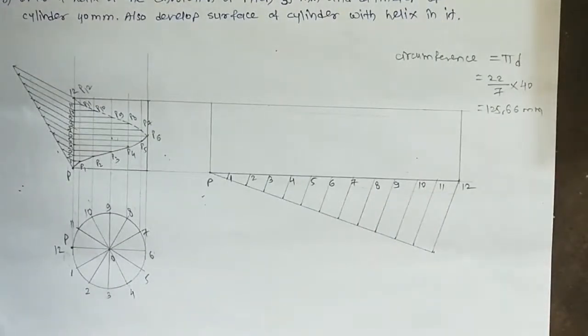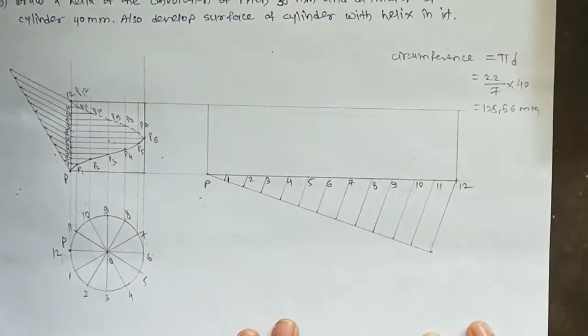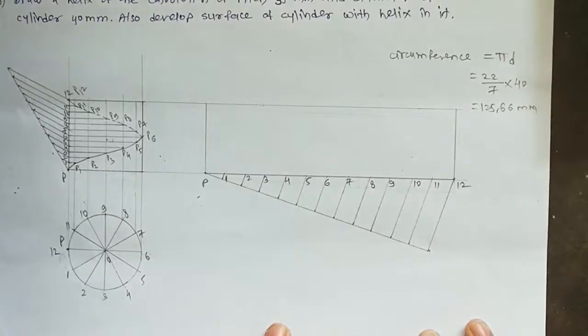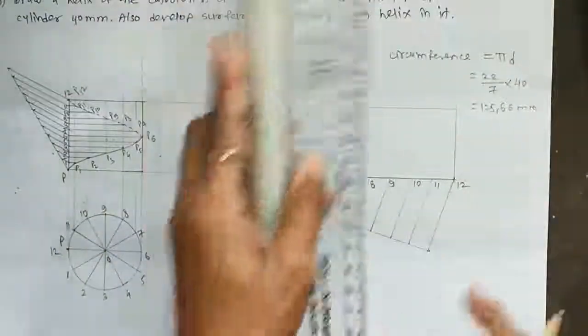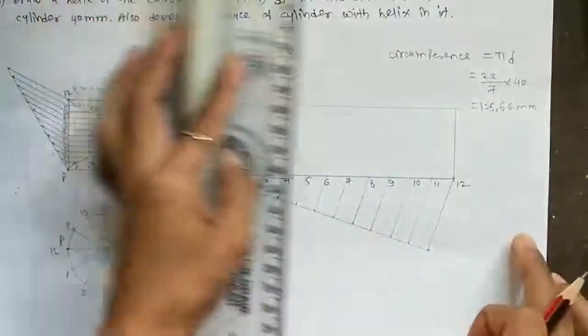Now the remaining portion is the development of the cylinder. So take vertical lines from these various points.